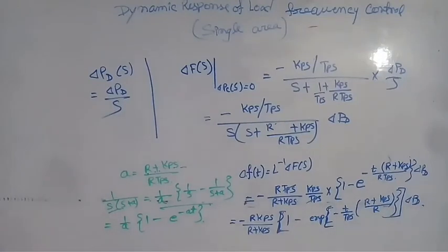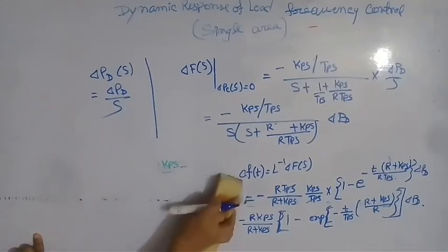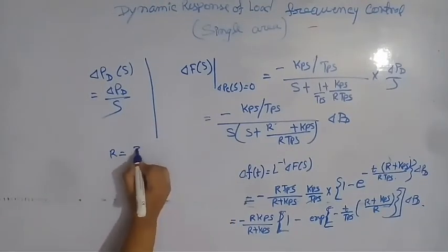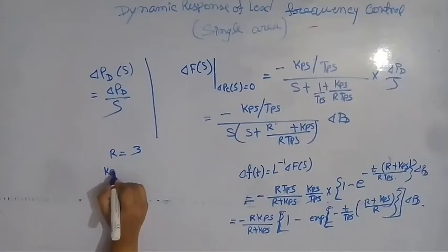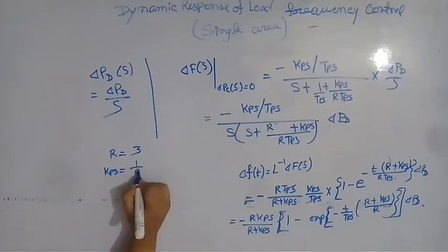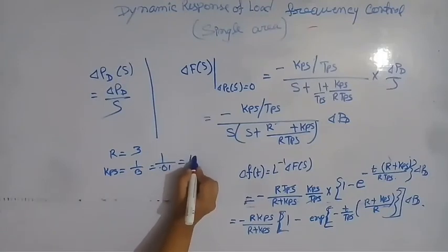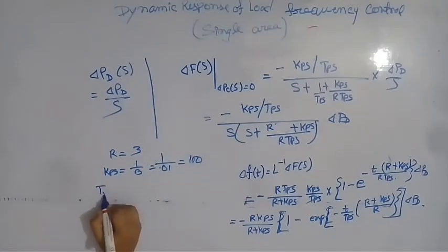Delta PD. Now taking R equals 3, typical value of R is 3, KPS, that is 1 by B, that is 1 by 0.01, this is equal to 100.